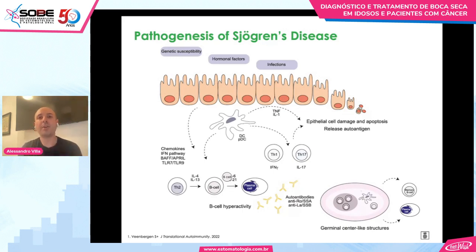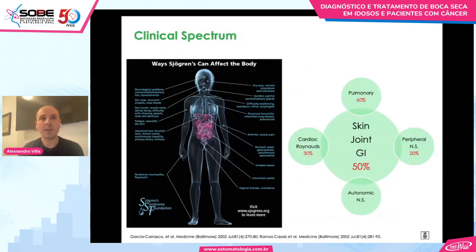I'm not going to go into the details of the pathogenesis, but as you can see here, it also involves inflammatory pathways, and there are specific antibodies involved, which include SSA and SSB, which can be measured through blood work.